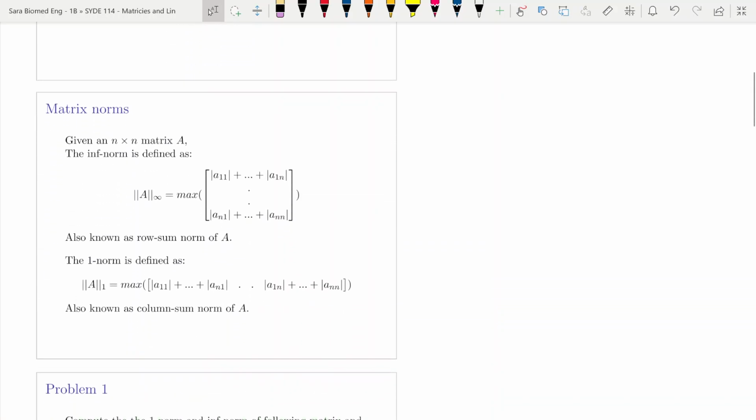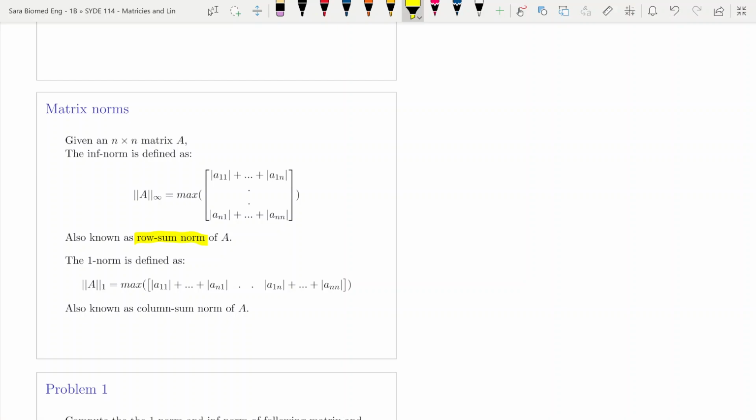Inf norm is also called row sum norm. Suppose you have a 2x2 matrix: A11, A12, A21, A22.